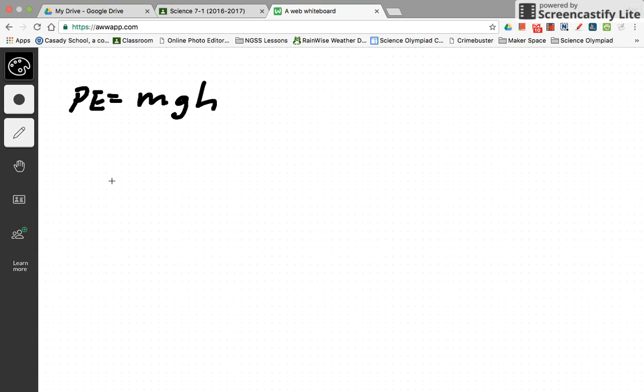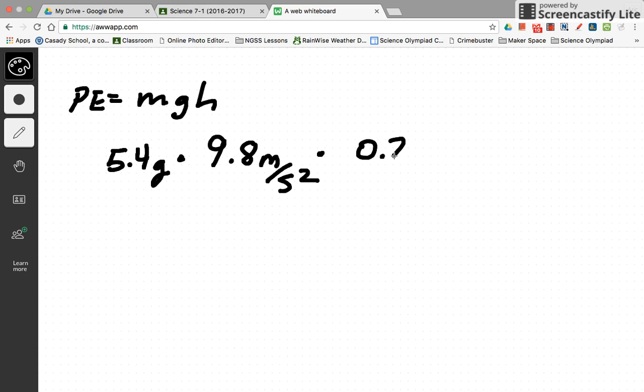Once again, the mass we're going to keep in grams, so it's going to be 5.4 grams for the ball. We're going to multiply it by the acceleration due to gravity, which is 9.8 meters per second squared. Remember, that's a number you just need to know, a constant on Earth, times the height of the ball. In my case, I got off the data table 0.27 meters.